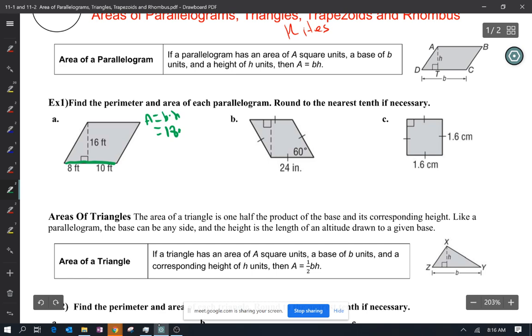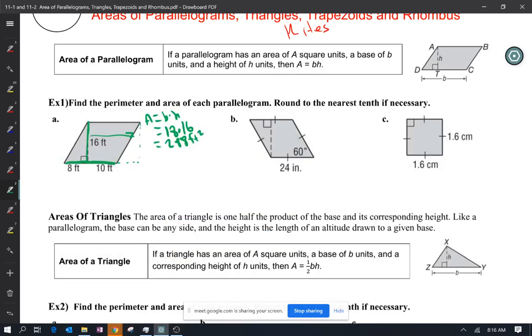And the height is this distance right here, because remember, you're just going to magically move it over here. Slide that over here, and then it becomes a rectangle. So 18 times 16. 18 times 16 is 288. 288 feet squared, yeah?